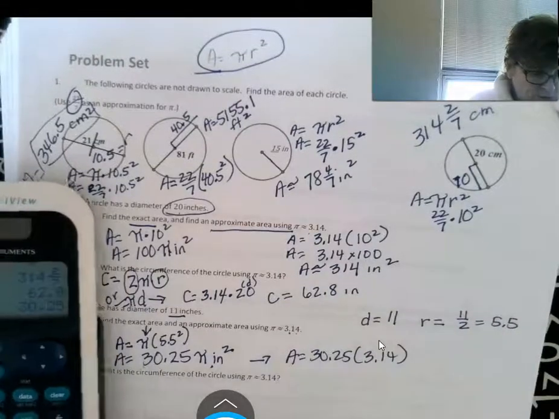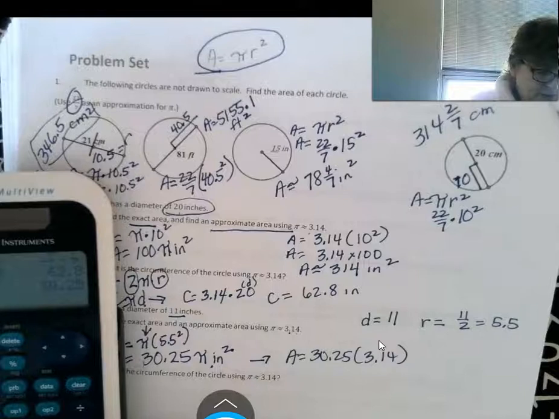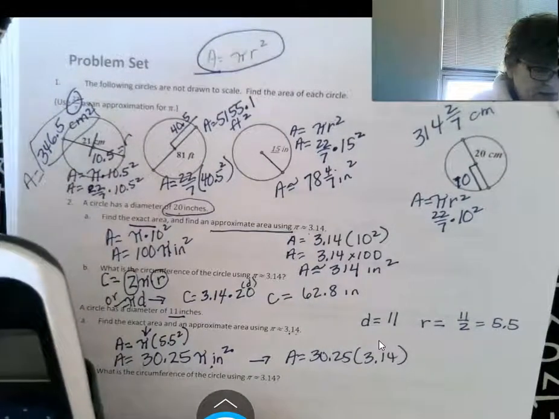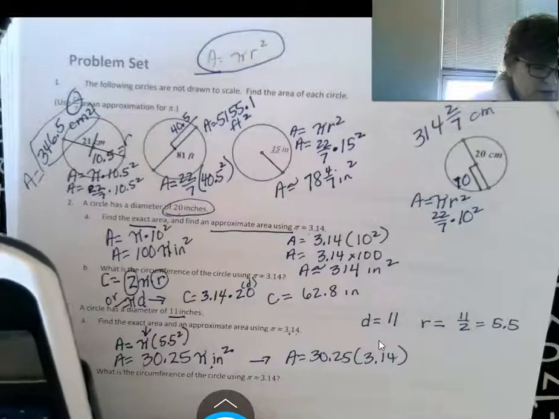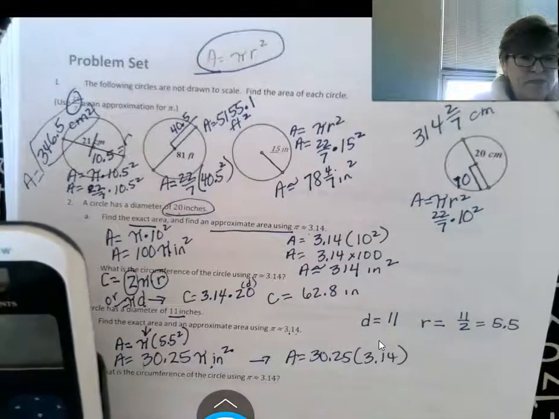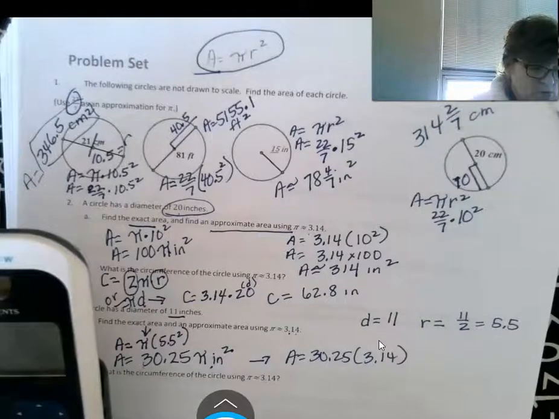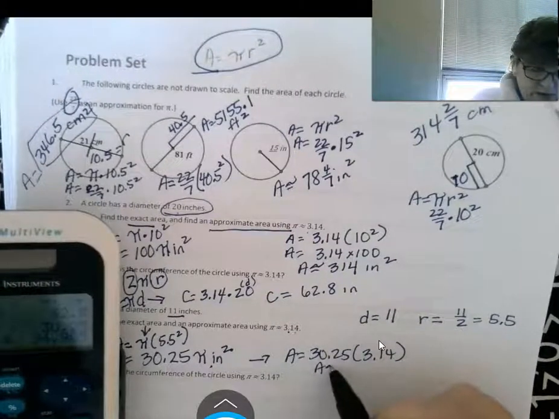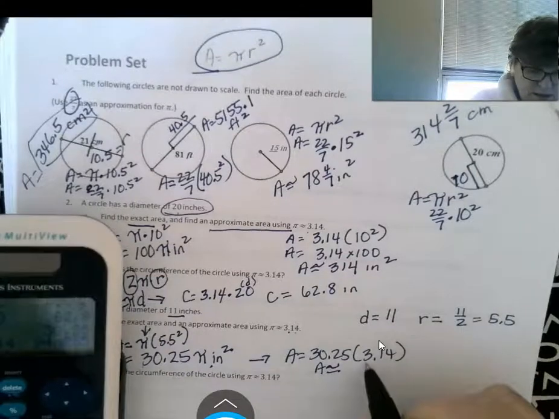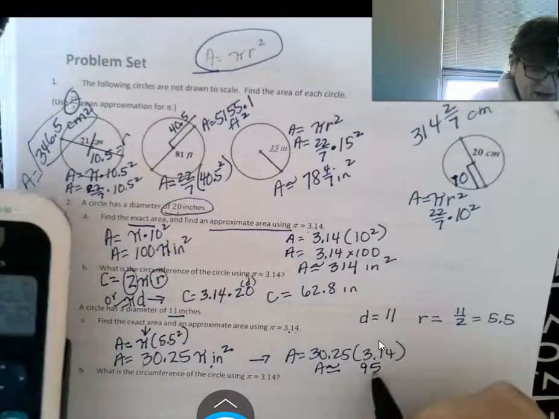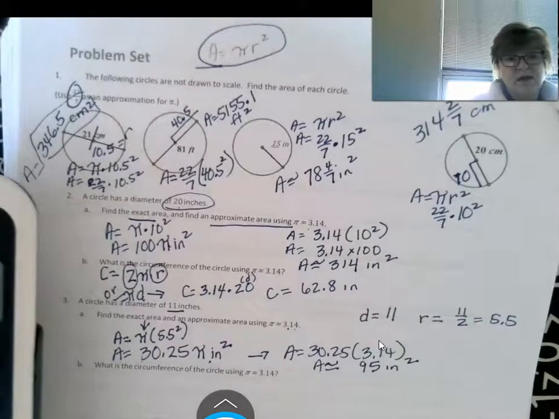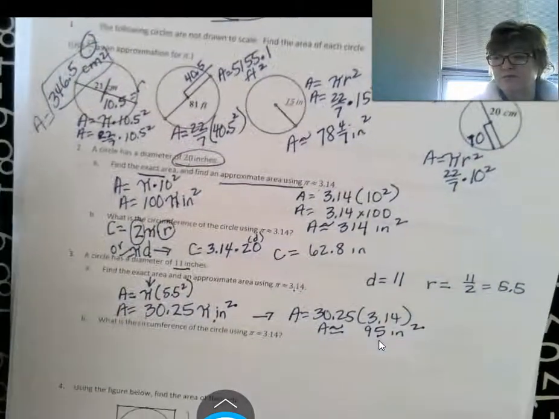So we can take what we've already got and do times 3.14, and it's 94.985, and I'm going to round that to the nearest whole number. So the area is approximately 95 inches squared. And again, we're looking for circumference.